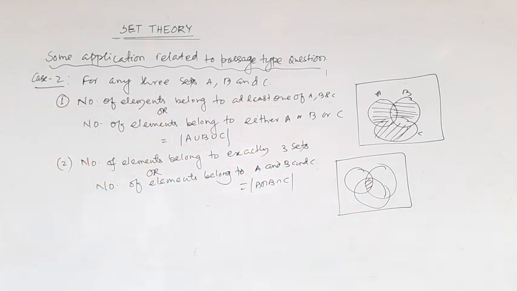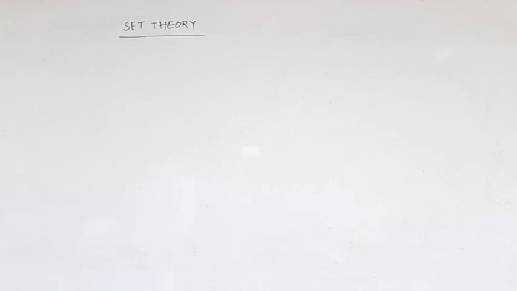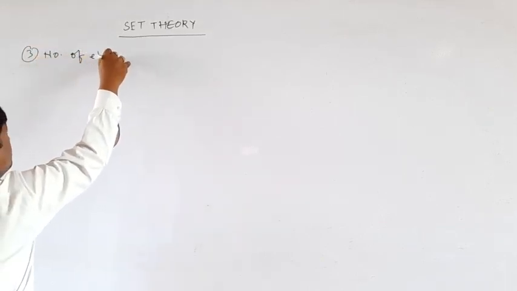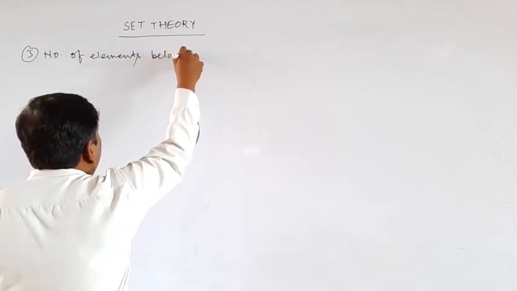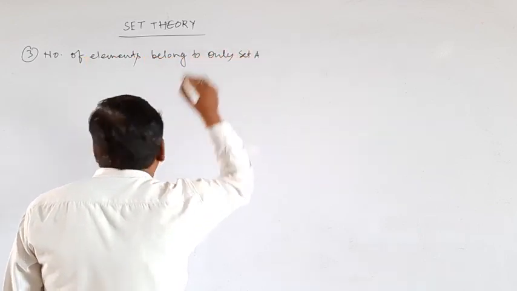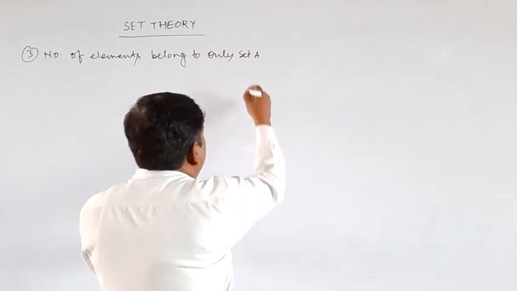Now the number of elements that belong to only A, only B, only C. The third one is the number of elements that belong to only set A. This is the Venn diagram.